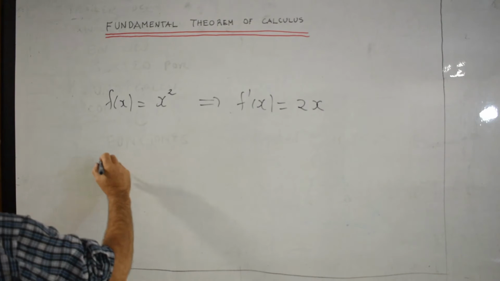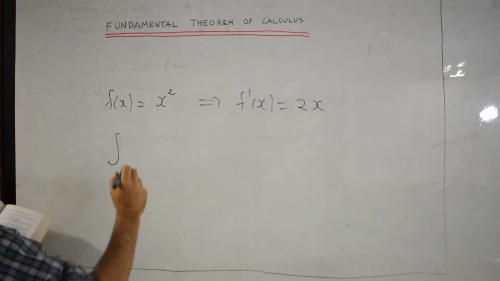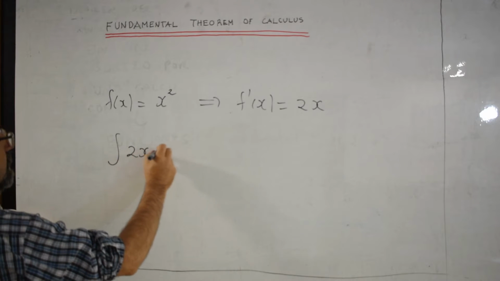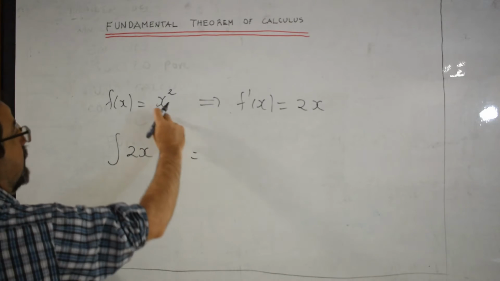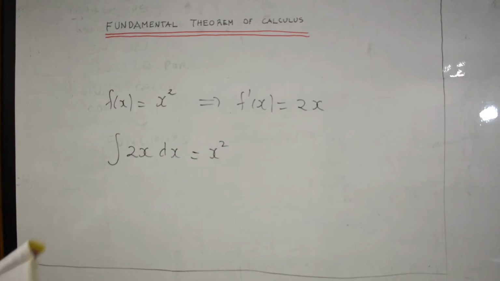If we integrate, if we find the indefinite integral of 2x dx, that will be exactly x squared. It's the same thing as when you square a number and then take the square root. You arrive at the same place.